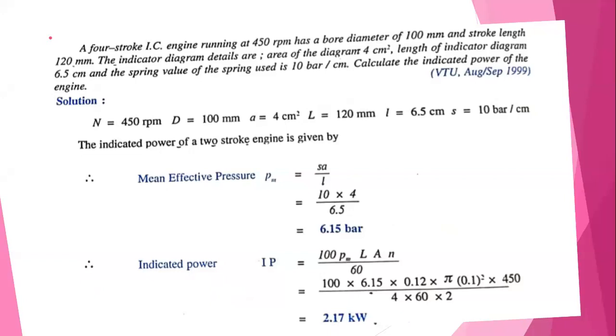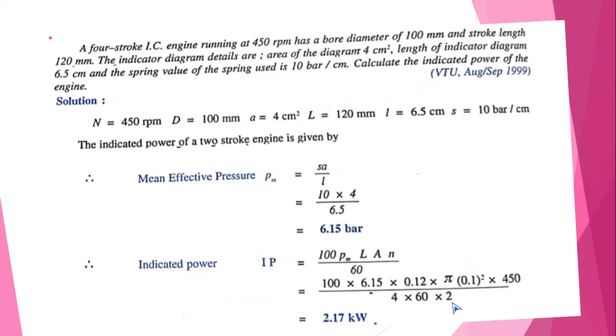So all of you write down: indicated power IP equal to PM L A N divided by 60. 100 as it is, mean effective pressure 6.15, stroke length 120 millimeter, that is 0.12, pi d square by 4, that is the area of the cylinder, and the crankshaft is running at 450 rpm, divided by 2, since it is a 4-stroke engine, N equal to 2.